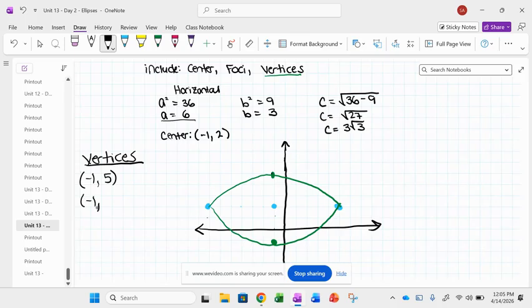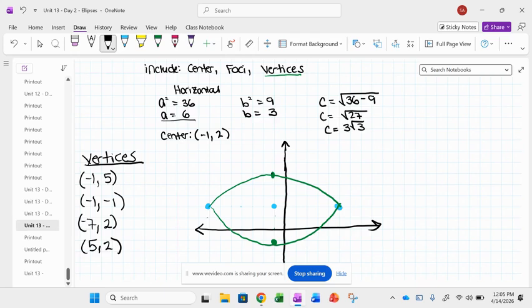We're at -1, -1. We are at 1, 2, 3, 4, 5, 6, 7, -7, comma 2. And 5, 2. Did I get those right? Okay. Those are the vertices.